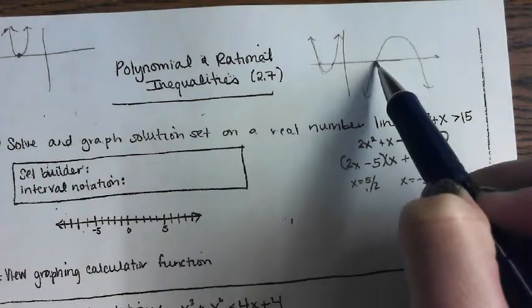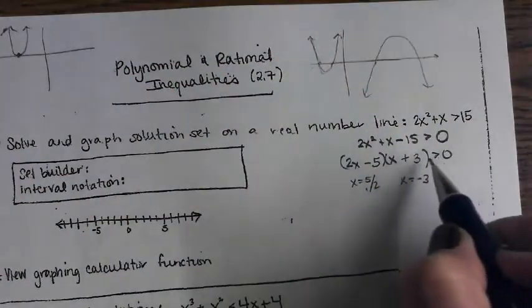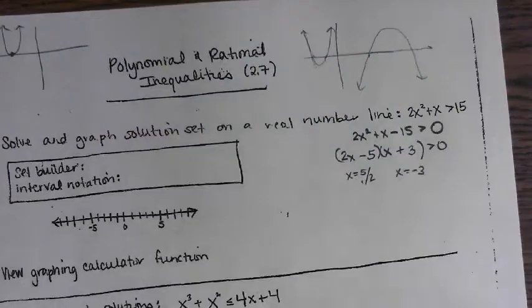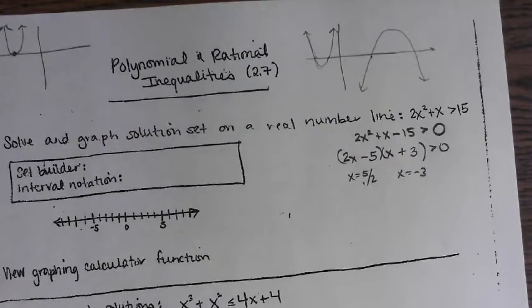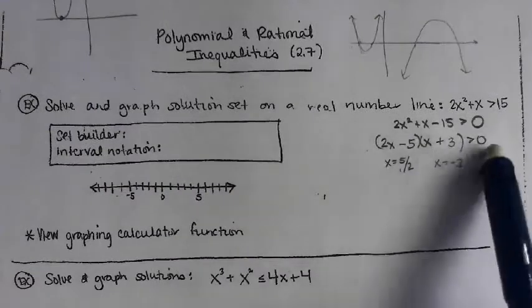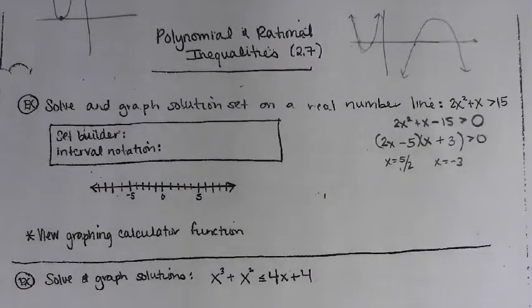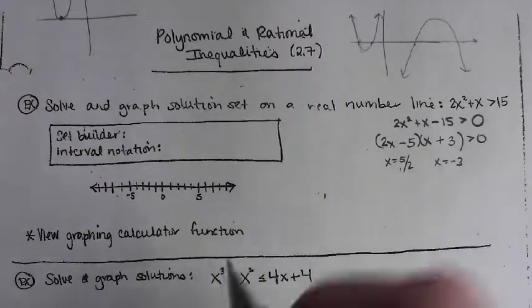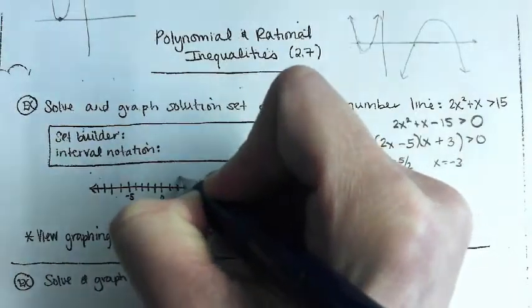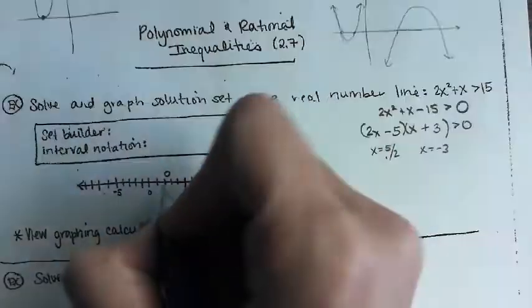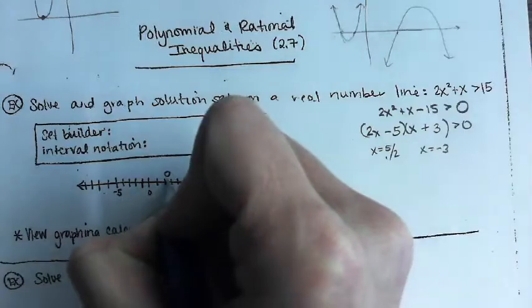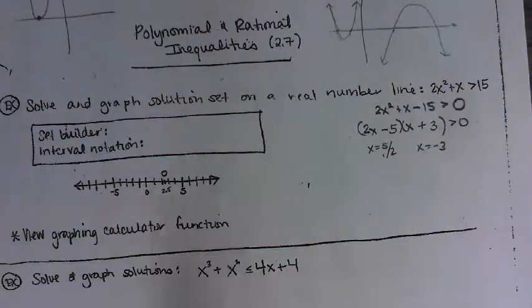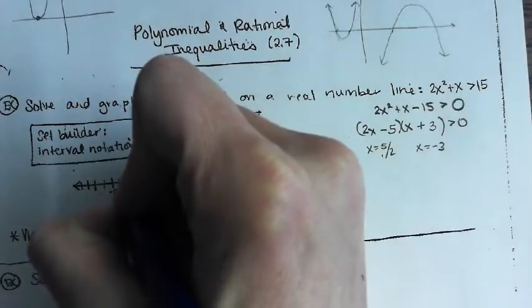You're actually equal to 0. If this was a greater than or equal to sign, I would say yes, 5/2 works. But 5/2 will not give you something that's greater than 0. It will give you something that equals 0. So when we plot 2.5, we're going to do it with an open circle. And then -3, same thing, open circle.